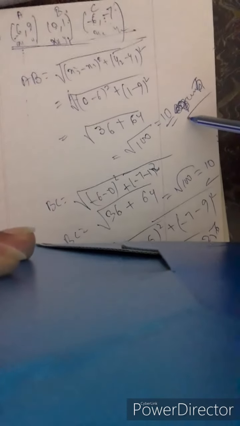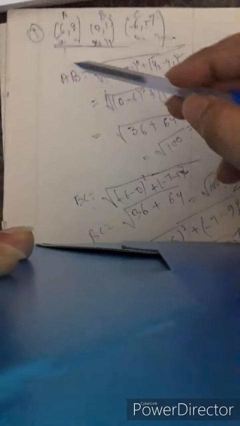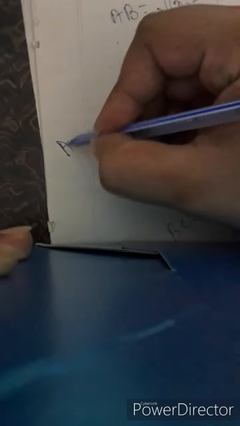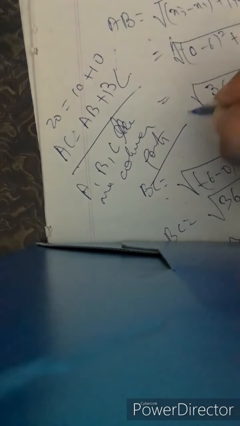Now we see that AB is 10, BC is 10, AC is 20. So AC equals AB plus BC, since 20 equals 10 plus 10. Hence A, B, C are collinear points since they lie on the same straight line.